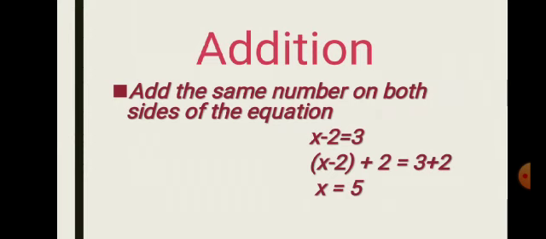That is plus. So we will add 2 on both sides because minus 2 is with the variable. So x minus 2 plus 2 is equal to 3 plus 2. Minus 2 plus 2 cancels on the left hand side, and what is left is x is equal to 3 plus 2, which is 5.